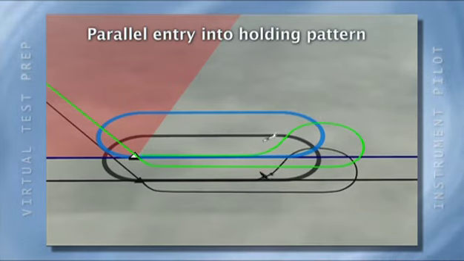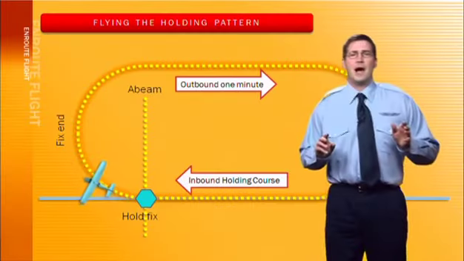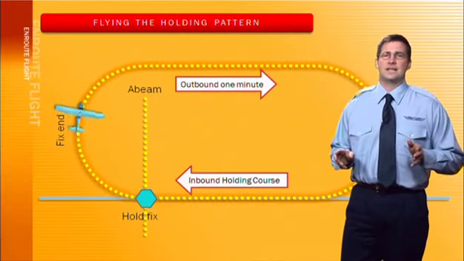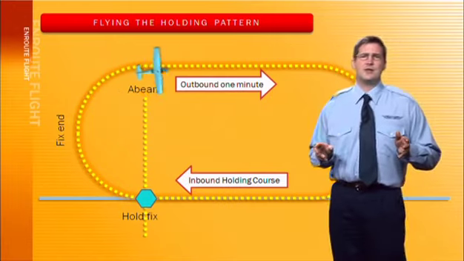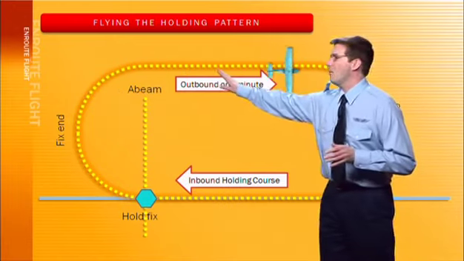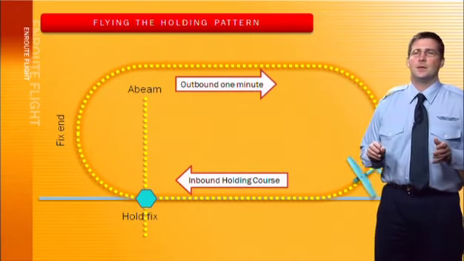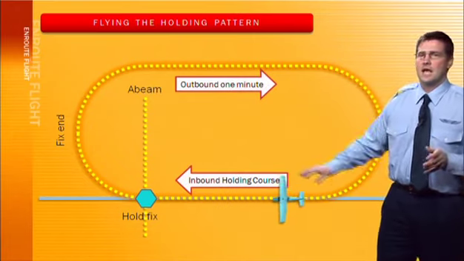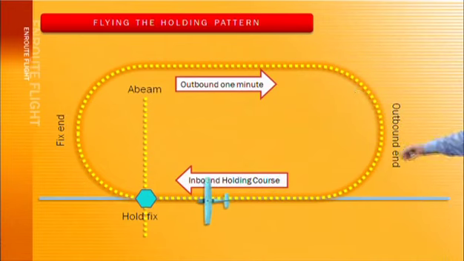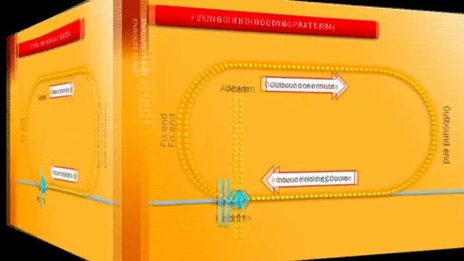Now, once the aircraft crosses the fix while flying inbound after completing the entry, the pilot turns the aircraft into the fix end and continues a 180-degree turn until established on the outbound leg that you see here. Now, after passing the abeam point, the pilot flies for 1 minute and then starts a turn inbound towards the fix to track the leg back to the station to begin the hold again, or as long as that hold is necessary.